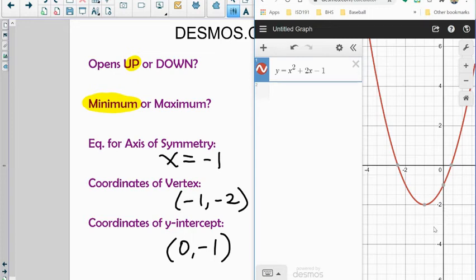There aren't any points below it anywhere along this curve. It opens up. The equation for the axis of symmetry, because your vertex is (-1, -2), the line of symmetry is x equals -1, because it's going to go straight through here. And then your y-intercept is (0, -1).